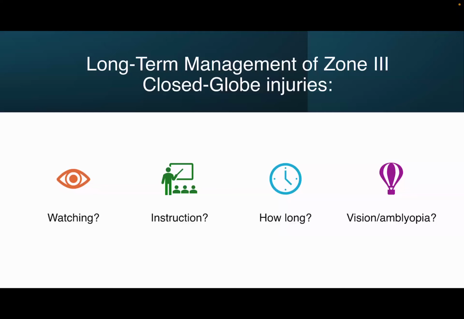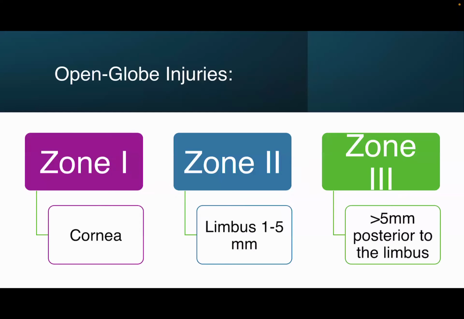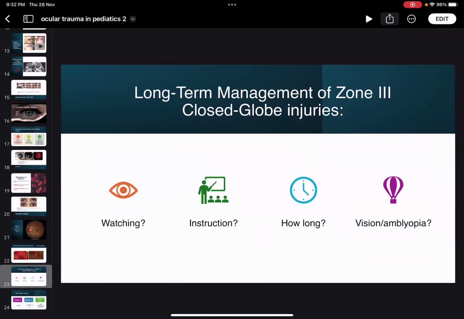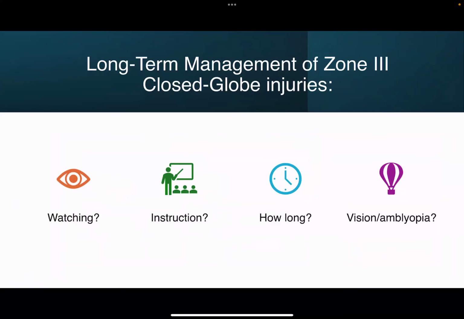Instruct them about restriction of physical activity. The follow-up and instruction of restriction of physical activity might continue up to 2 years. And again, visual rehabilitation and prevention of amblyopia.